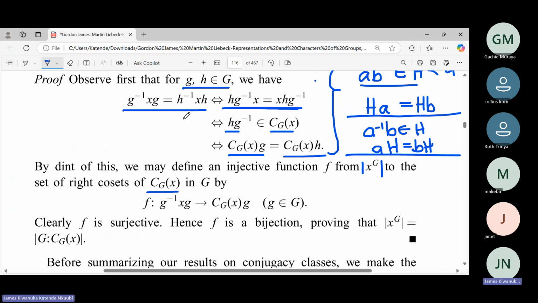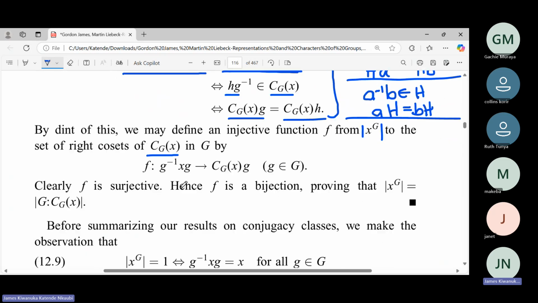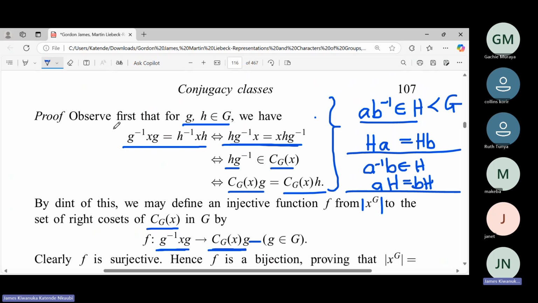The map is defined as follows: you pick anything in the conjugacy class, and you simply send it to the coset of the centralizer of X determined by G. Using this as your map, this first part means the map will be injective, right? Because if f of x is equal to f of y, then x will be equal to y.